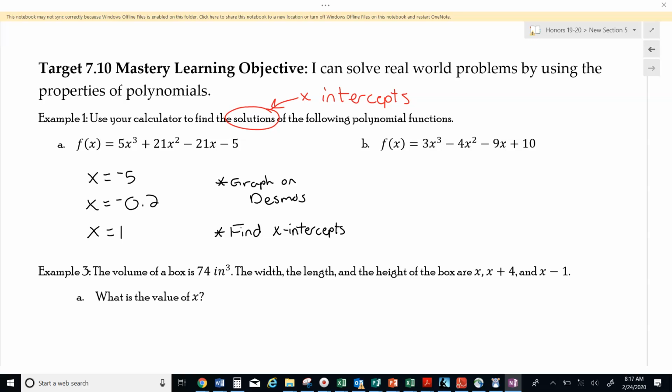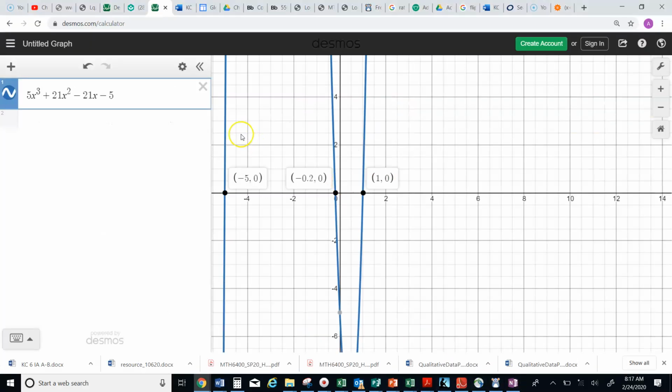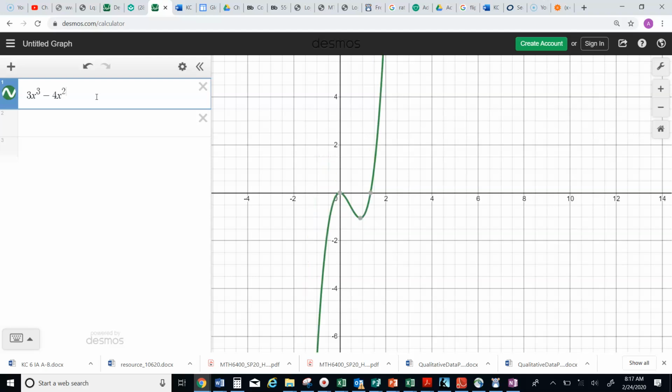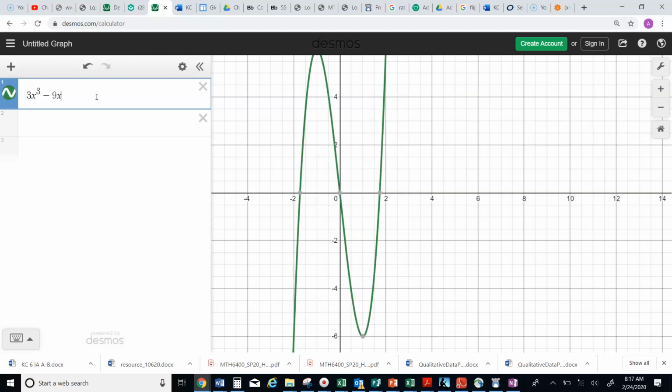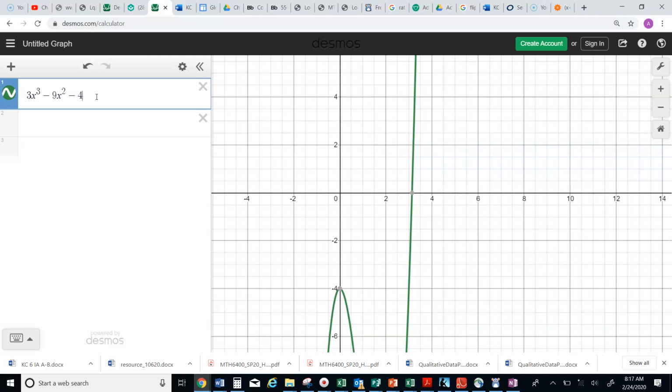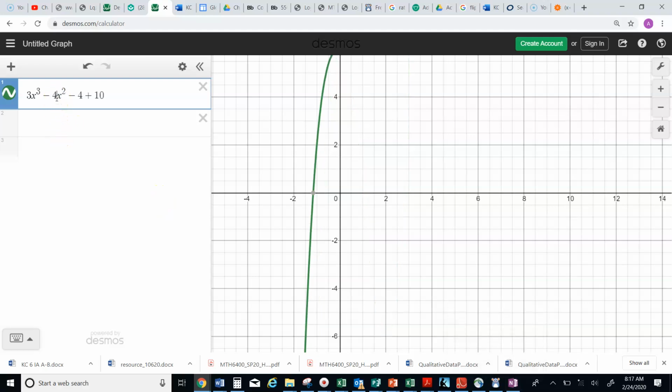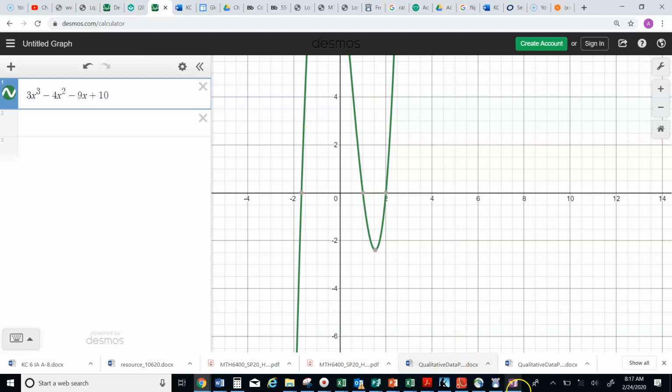Same thing for our second one: 3x cubed minus 4x squared minus 9x plus 10. Is that right? No, I had it right the first time. Yes, there it is.